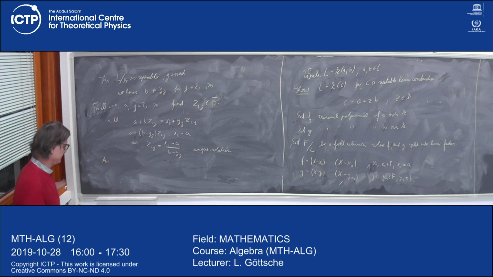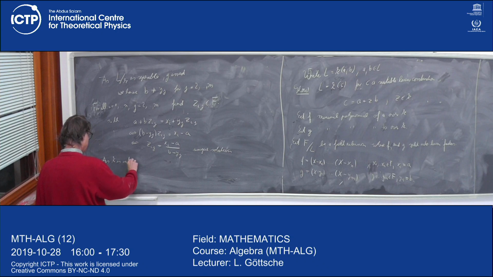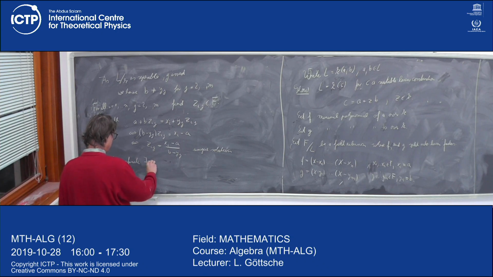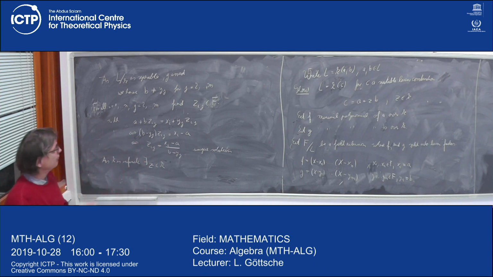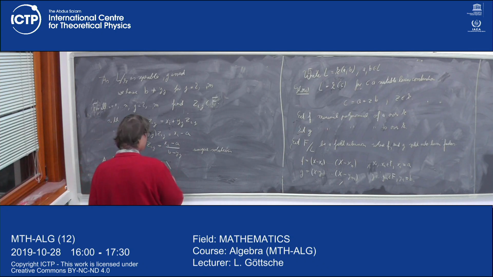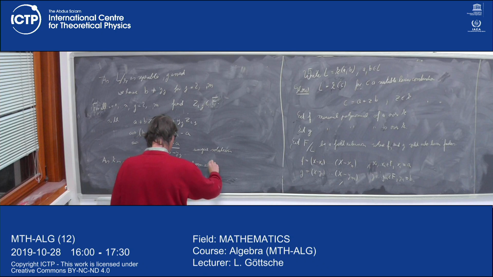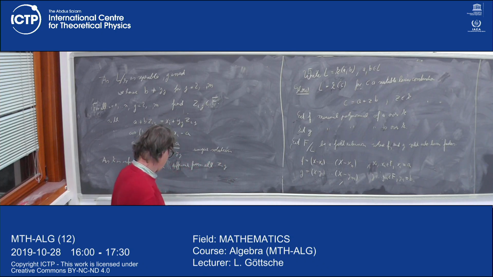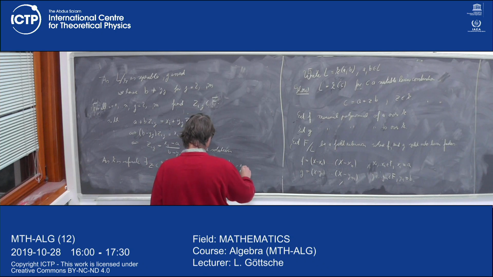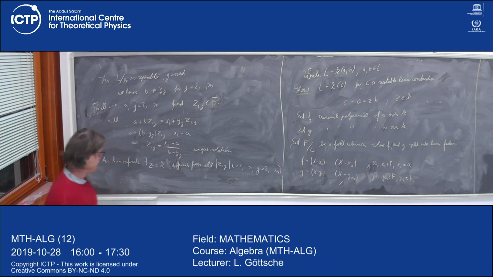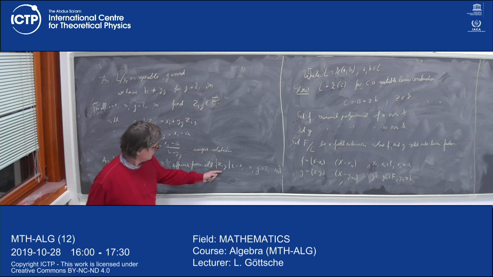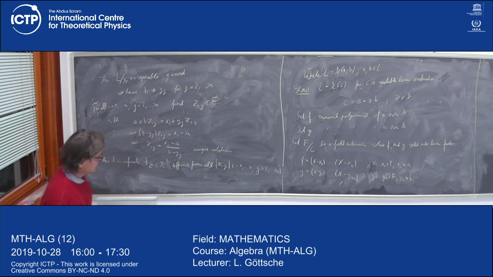Now we use that K is infinite. There exists an element z in K which is different from all zij, where i goes from 1 to n, j goes from 2 to m. So of the infinitely many elements in K, we only have to exclude these finitely many elements, more or less n times m.